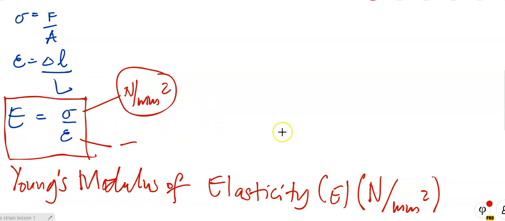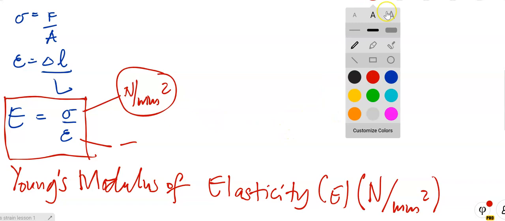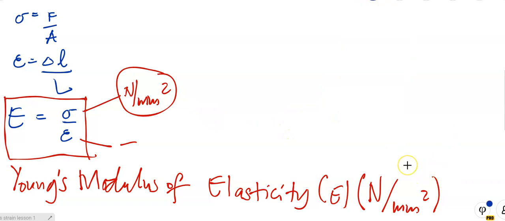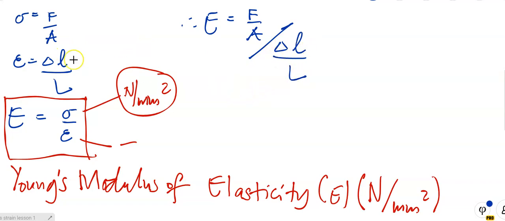Okay, right. Now, let's do a bit of algebra. That there is equal to that. That there is equal to that. So let's put all of this inside here. So therefore, I can say E is equal to force over area divided by delta L over L. I'm just doing algebraic substitution.